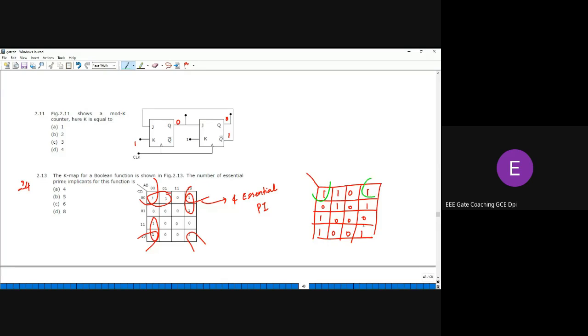So this is the one. That's 2. It's 3. This is 4. So here also, 4 essential prime implicants.